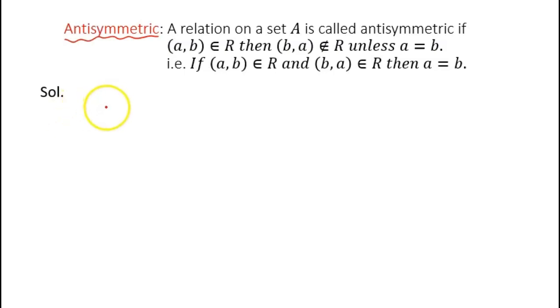So if I talk about the matrix representation of an anti-symmetric relation, what is the important point that we notice? The first thing, if you look at the definition of an anti-symmetric relation, its definition says that if A comma B is in R, then B comma A should not be in R unless both A and B are equal.